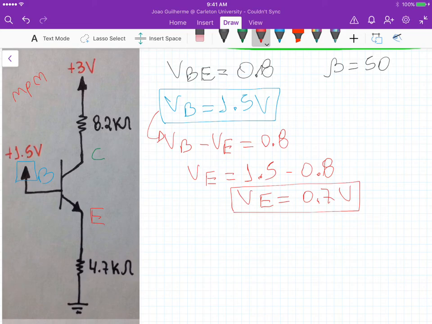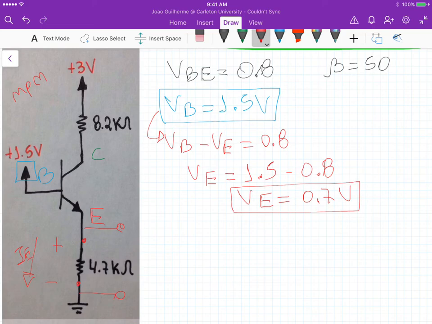And because we know this voltage here at the emitter, and we know the potential at the other terminal of this 4.7k ohm, we can calculate this potential difference and define a current here, IE.